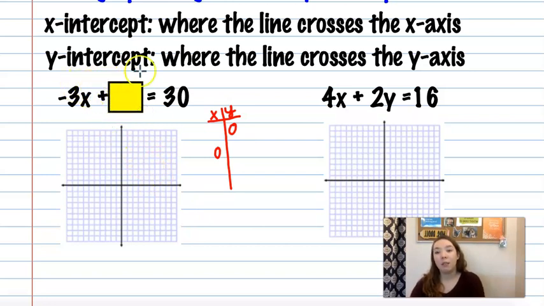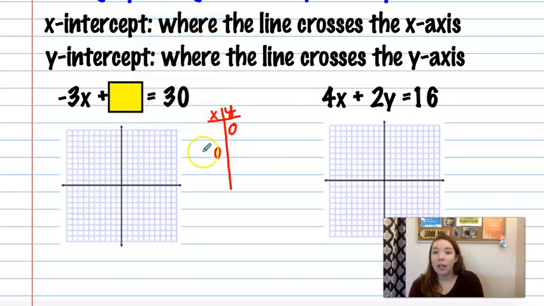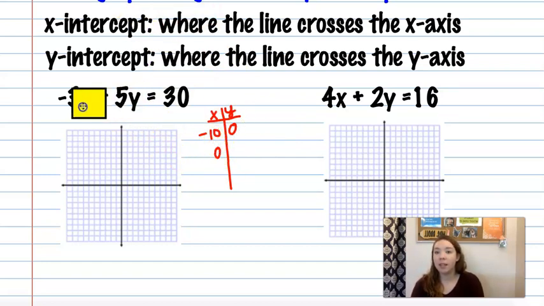And now I have negative 3x equals 30. If I'm going to solve for x, 30 divided by negative 3 is negative 10. Similarly, if I want x to be 0, that's going to make this part go away. And if I do 30 divided by 5, I get 6.